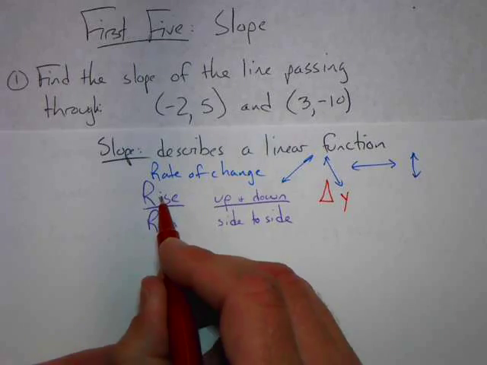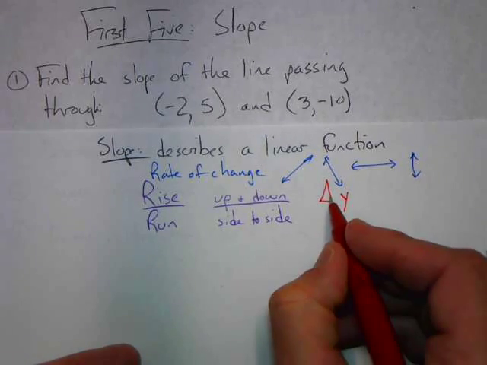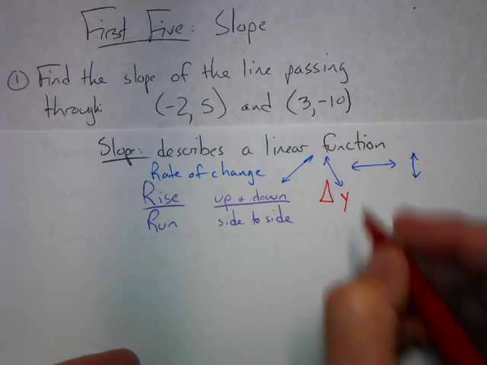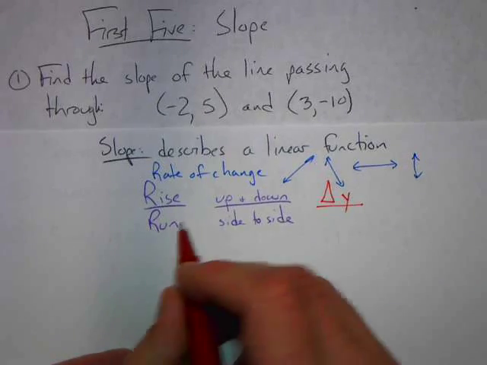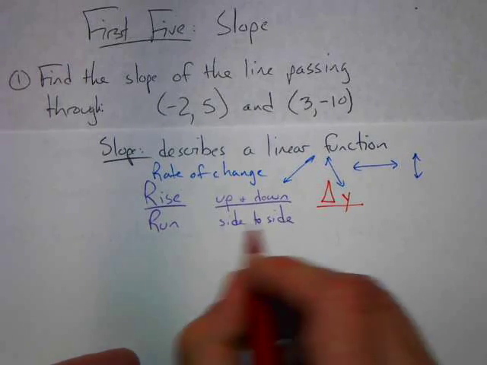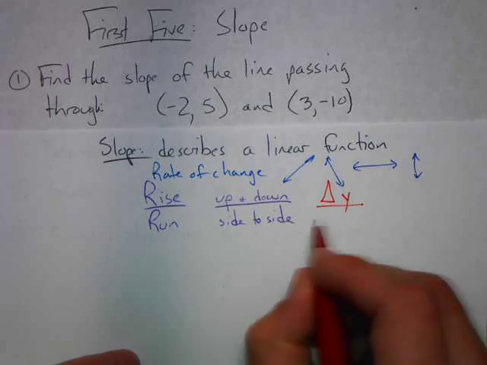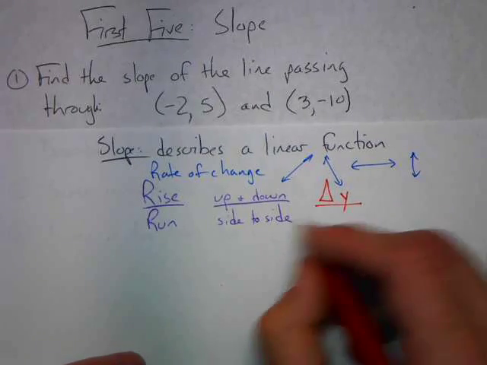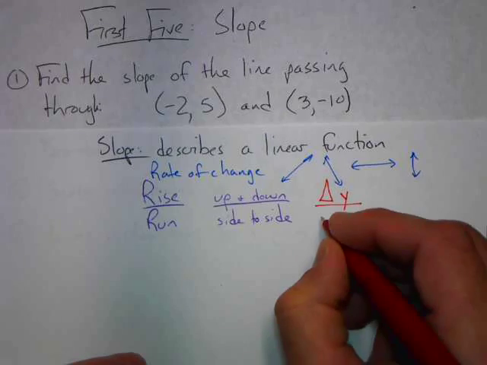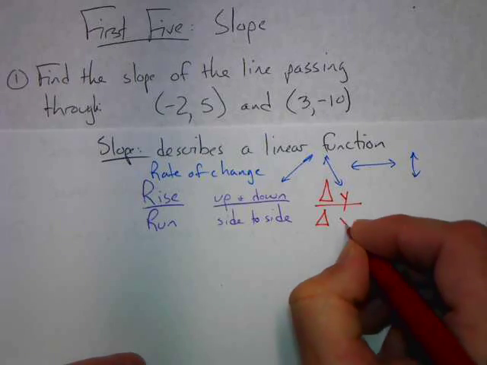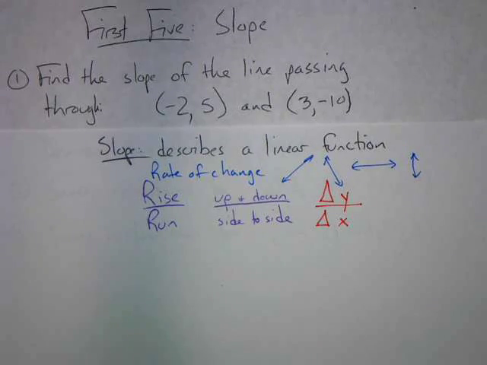So when we talk about rise, up and down, that is the change in the y-axis. Similarly, when we talk about the run, we're talking about going side to side, and the axis that does that is the x-axis. So when we think of slope, we're thinking of change in the y-axis over the change in the x-axis. Okay, and that is what we use to describe slope.